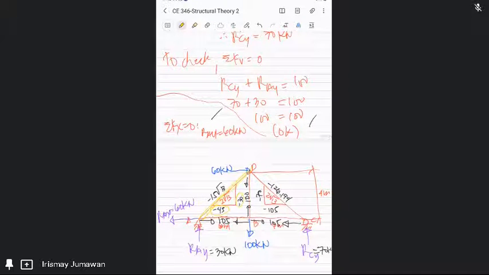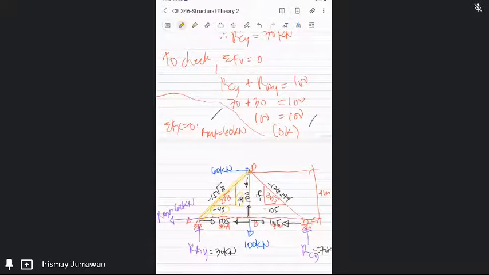Which component do I multiply and divide by? I look at the length of the component relative to the known value. My known value is 30, and I need the x component of member AD. So 30 times 6 divided by 4 gives 45.